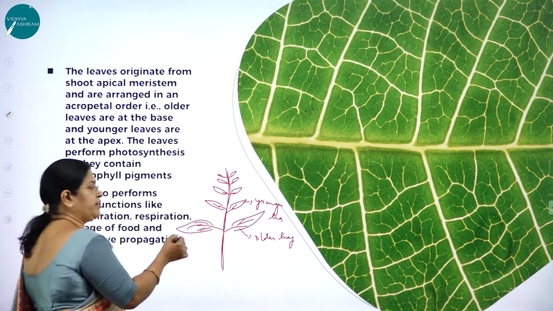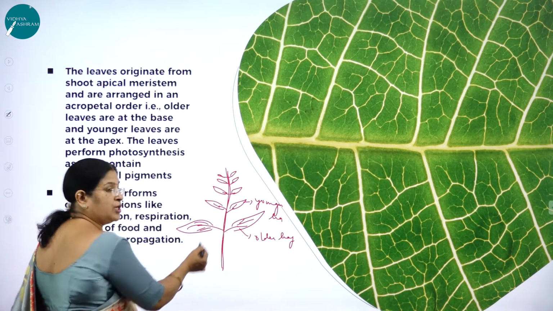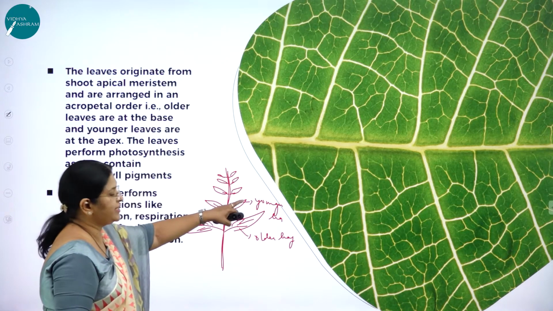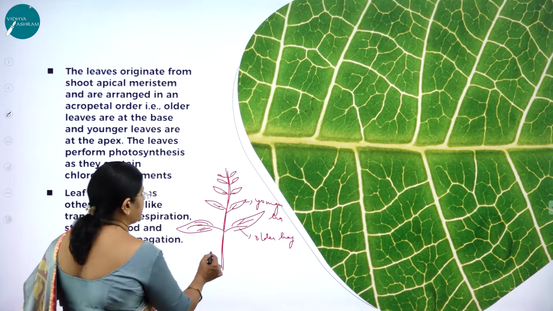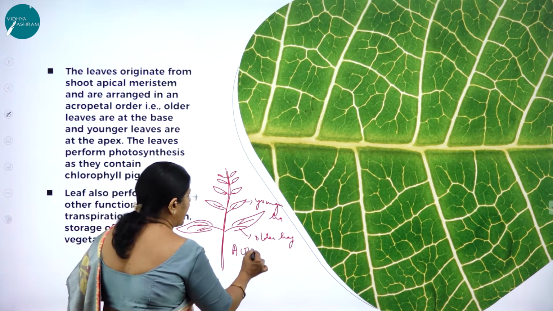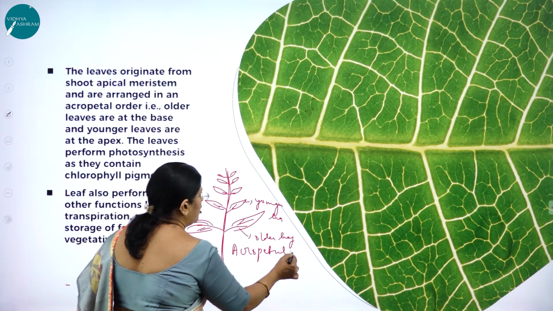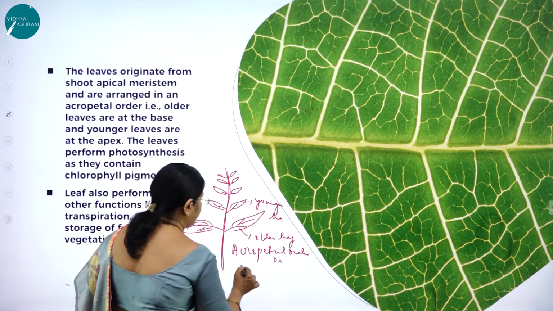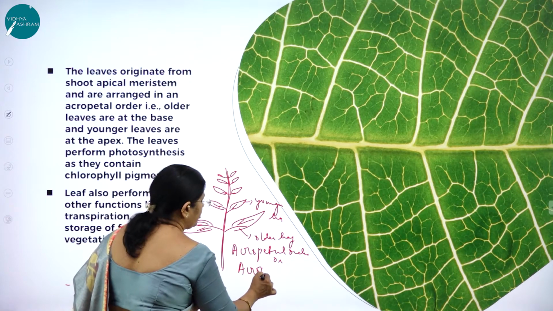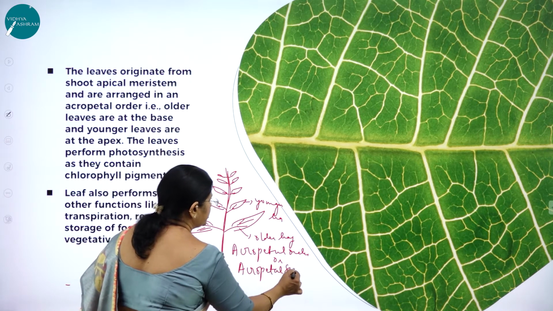This arrangement of leaves, where the older leaf is at the base and the younger leaf is above, is called acropetal order, or otherwise acropetal succession.